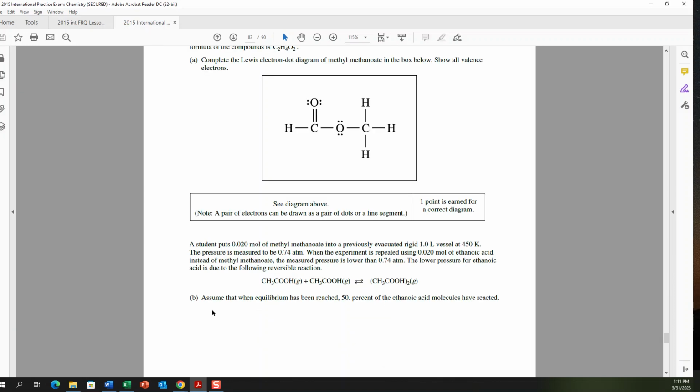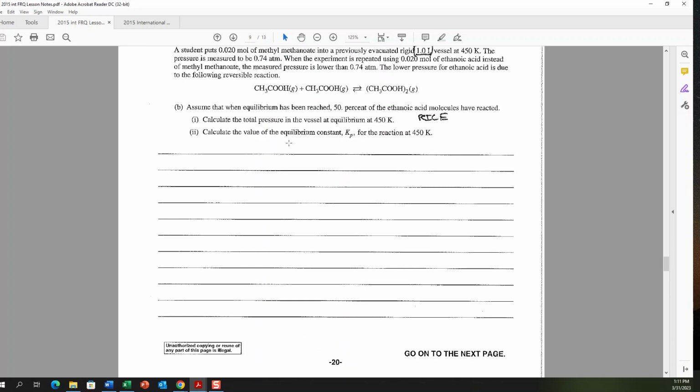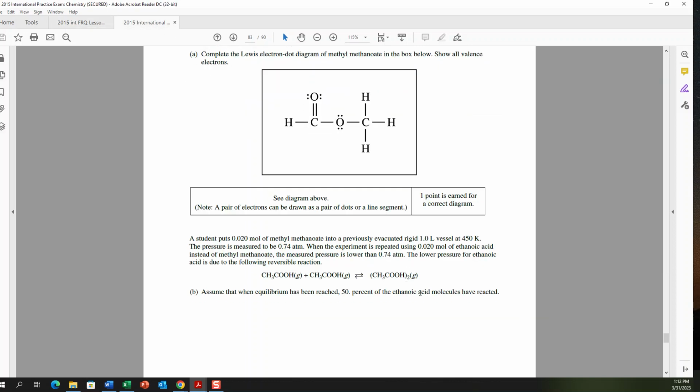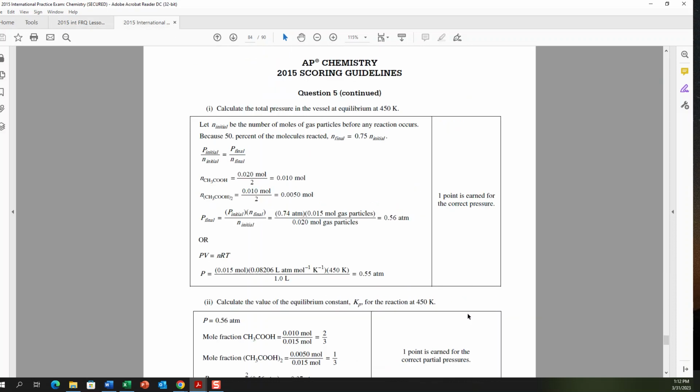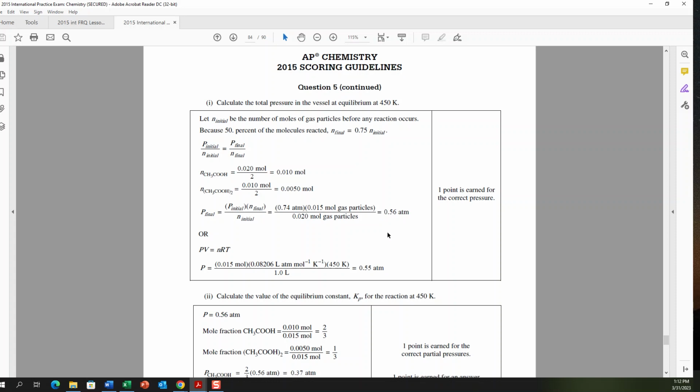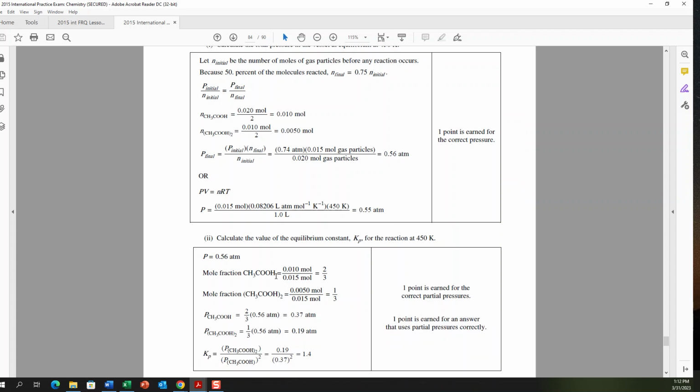Okay, and then here it says calculate, whoops, back up to the question. It says calculate the equilibrium constant for the reaction, but it's Kp. So it would be the partial pressure of this over the partial pressure of that squared. So remember, we can do our mole ratio to figure out the Kp. So this is our total pressure.